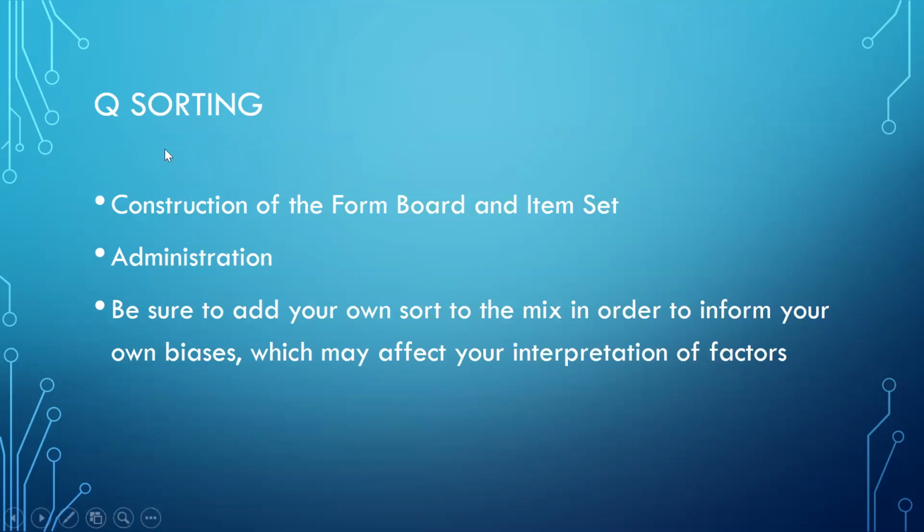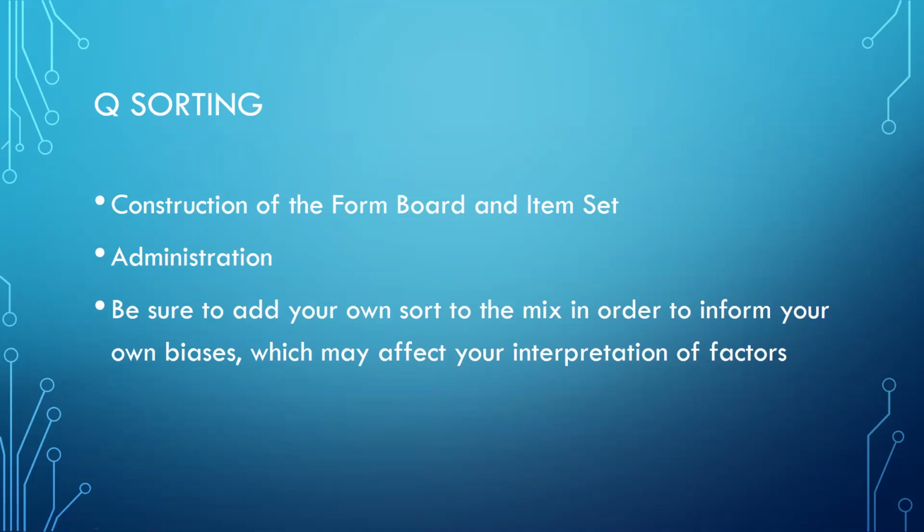So Q sorting is when you take the statements and you sort them onto the form board. There are very specific instructions that you want to give your participants.